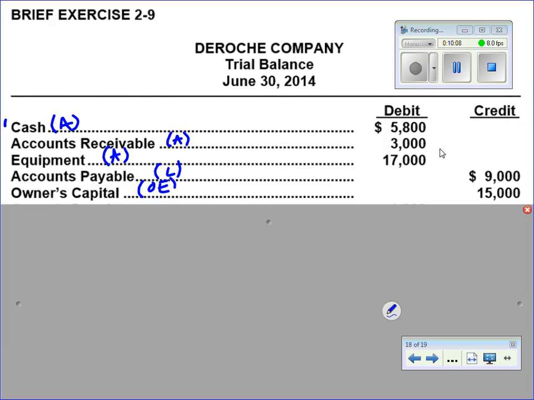As far as everything else, the order really is driven by the order of the general ledger. I would say most general ledgers are assets, liabilities, owner's equity, revenue, drawing, or excuse me, expenses. This one is a little bit more jumbled and it doesn't make as much sense. They are either alphabetic or by the amount.